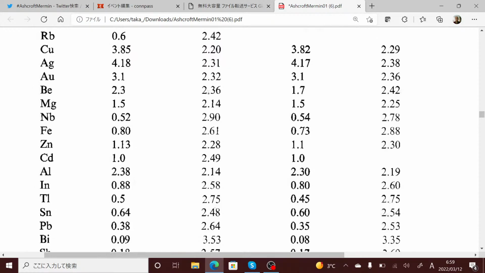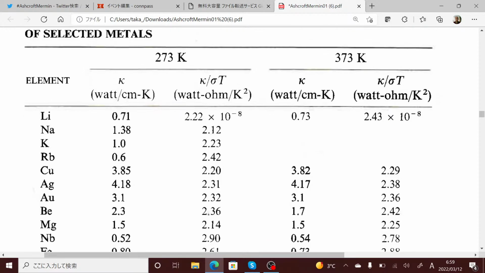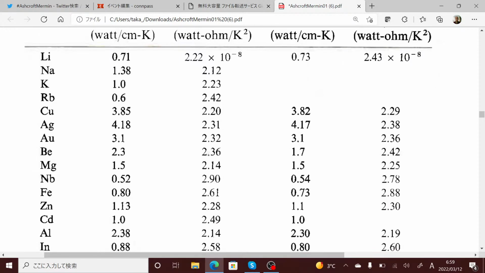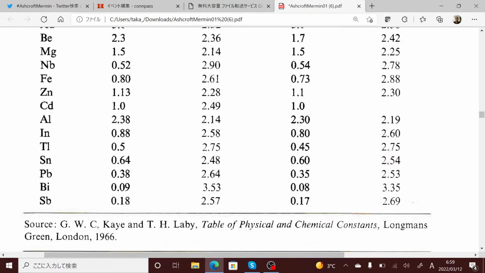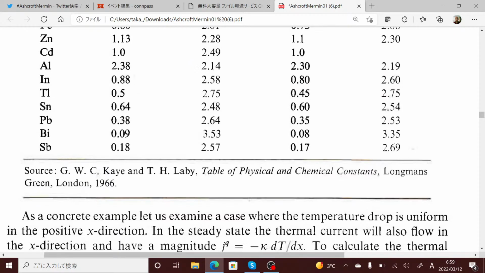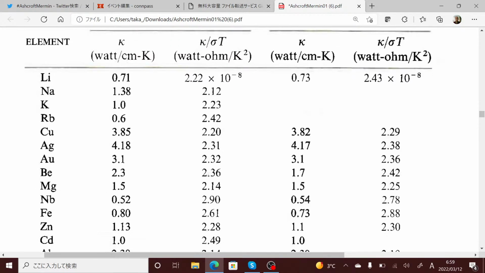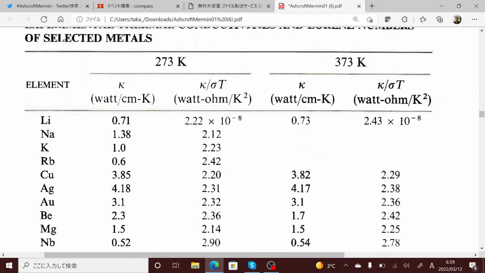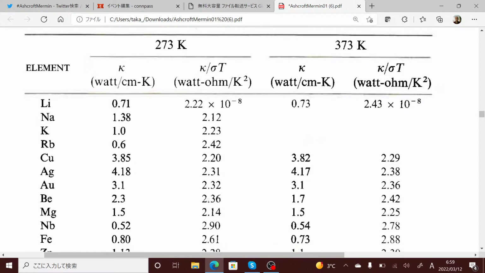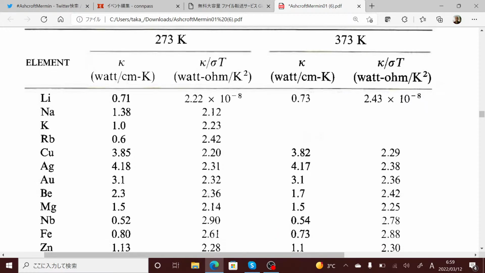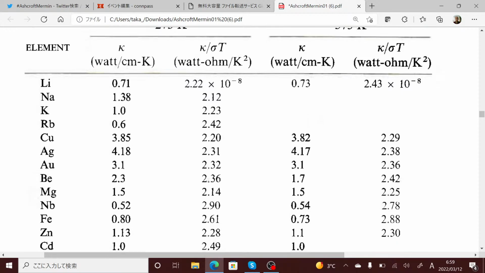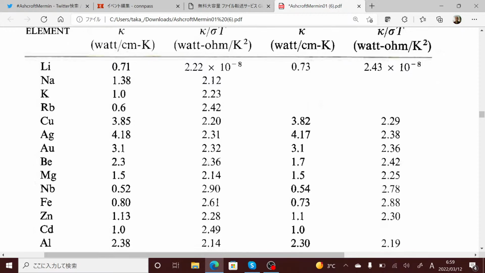I think these metals deviate from the regular Lorentz number value. The Lorentz number value is 2.2 times 10 to the minus 8 watt ohm per Kelvin squared.